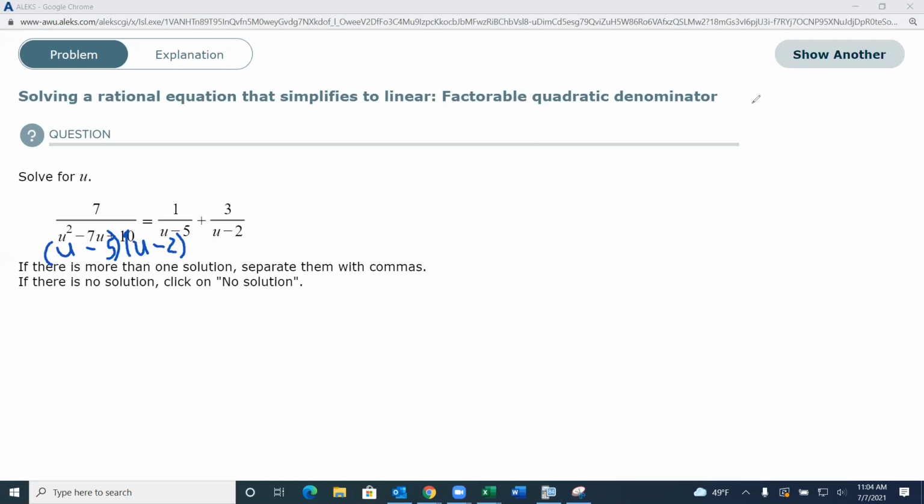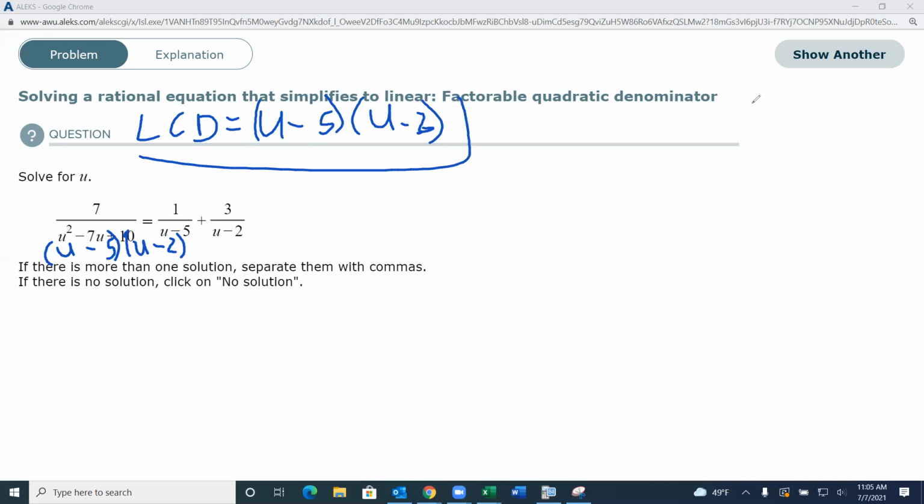All right, so we go build the least common denominator, which, let's see, the first denominator says I need a u minus 5 and a u minus 2. Got it. Second denominator says I need a u minus 5. Well, it's already there. Don't worry about it. Third denominator says I need a u minus 2. It's already there. Don't worry about it. So we've got our LCD.